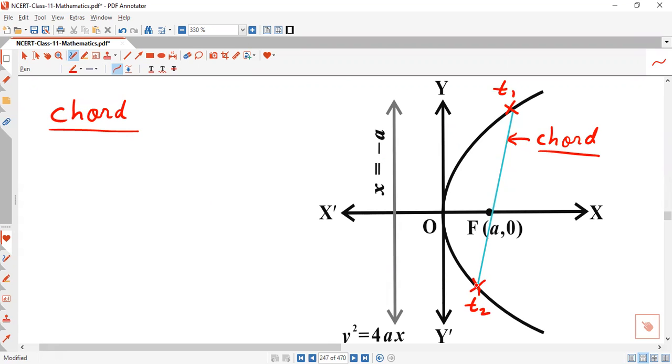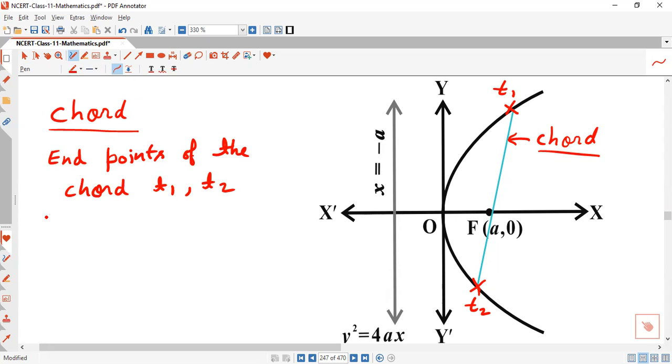The end points of the chord, t1 and t2, are given to you, and I have to write down the equation of this chord.